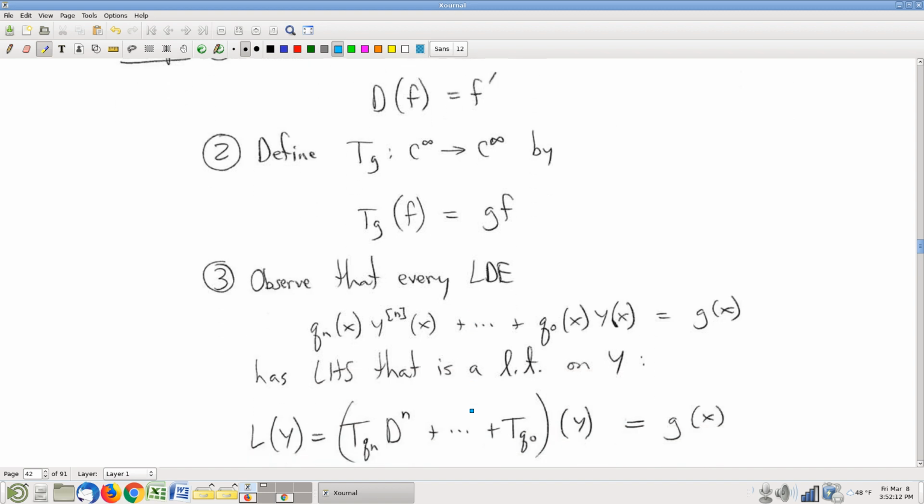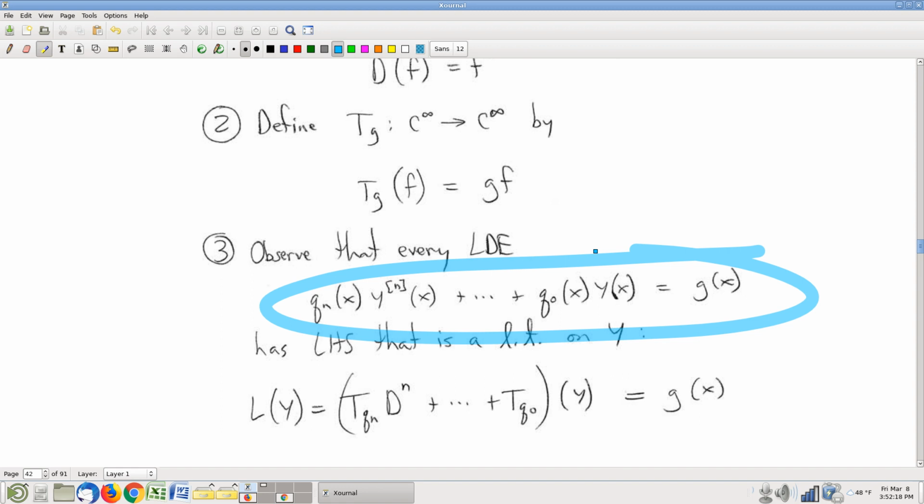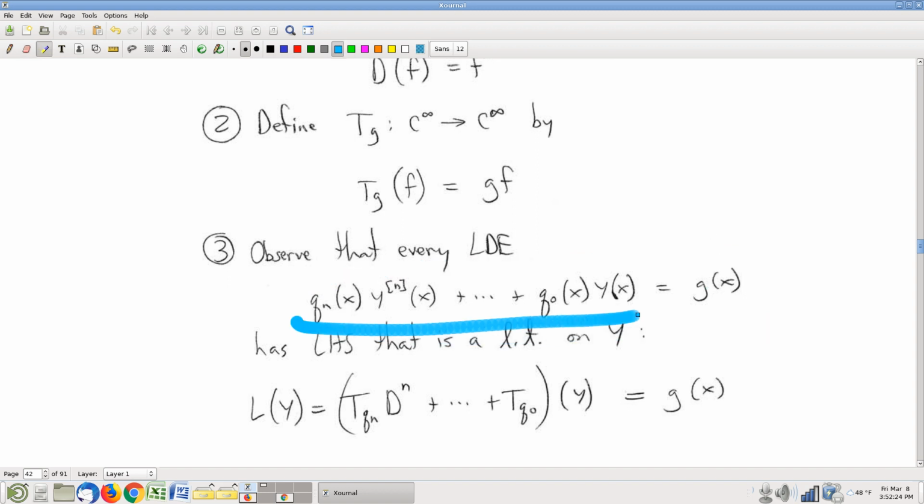Okay. Now, here's a weird observation. Remember, we've looked at these differential equations here. That's what chapter 4 was about. In chapter 4, we drew our attention to the left side, and we rewrote the left side as L of y. As a nice little shorthand, right?